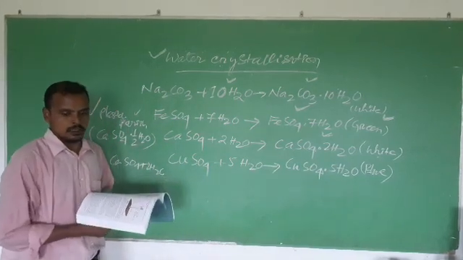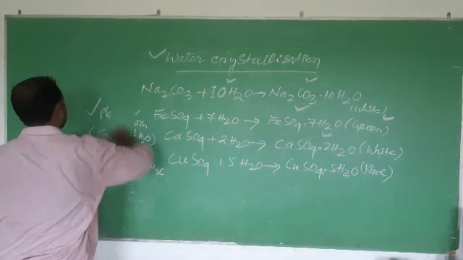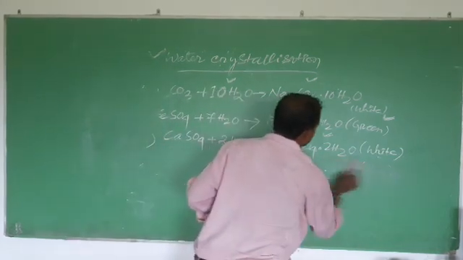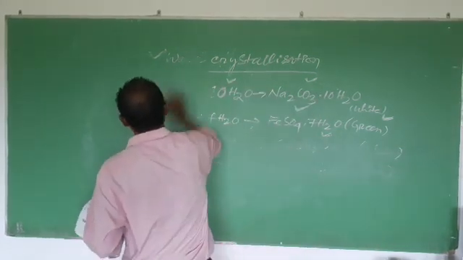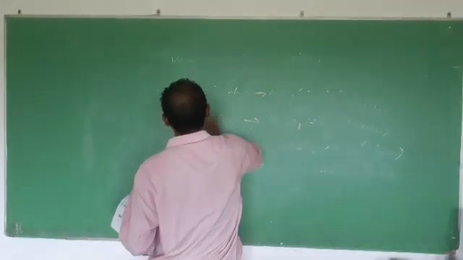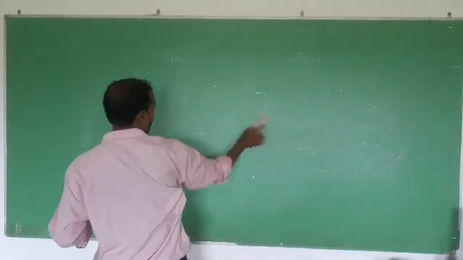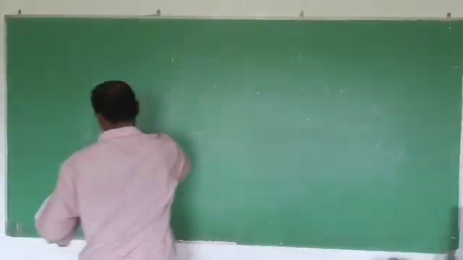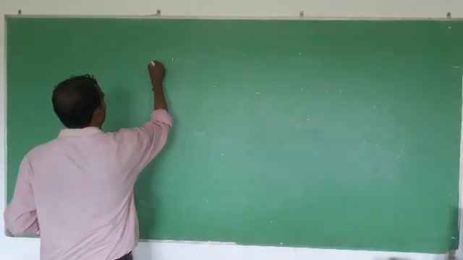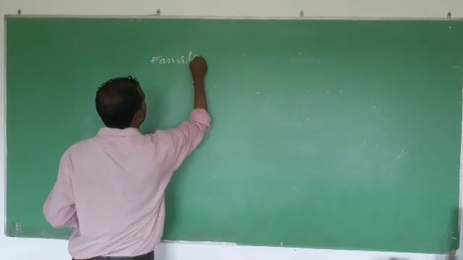Okay, let us discuss the families of salts. What are the families of salts, students? Depending upon the radicals, it may be acid radical or basic radical, salts are classified into different families, and some of the families I am going to write here. Okay, let us write the family of sodium salts.